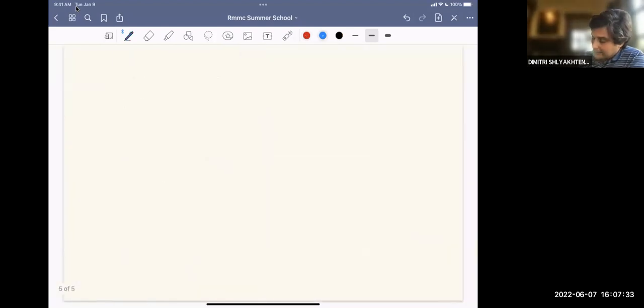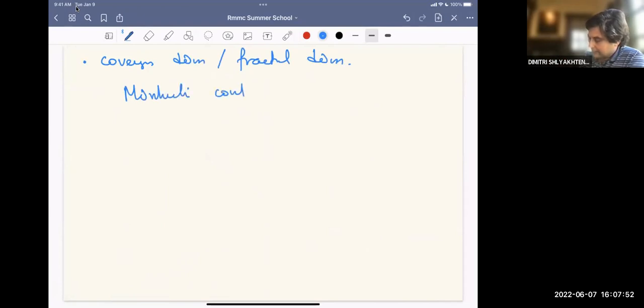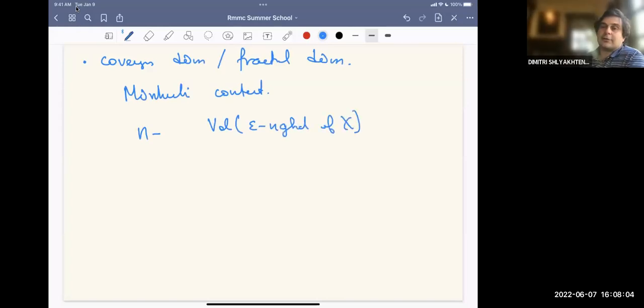So the other idea is to do some kind of a covering dimension or some kind of fractal dimension. One of the formulas that is involved in this is something called Minkowski content. And the idea is that you take n minus, and then you look at the volume of an epsilon neighborhood of X. So even if X is a very bad set, its epsilon neighborhood is an open subset in R^n, so therefore you can make sense of its measure.